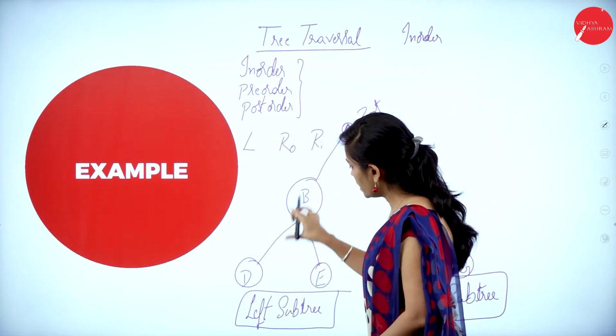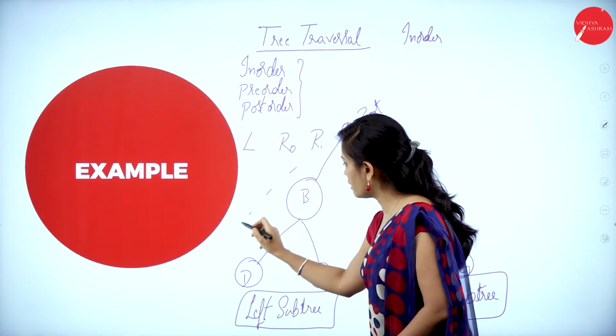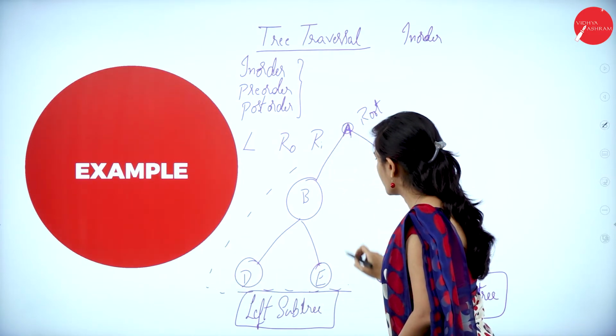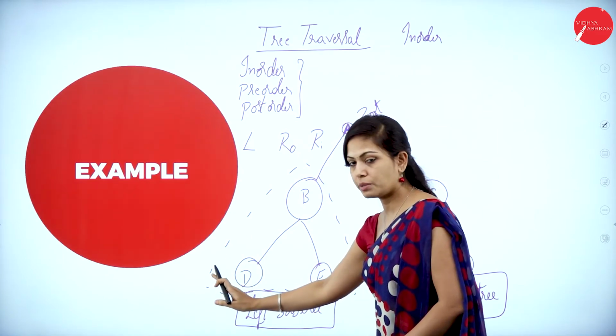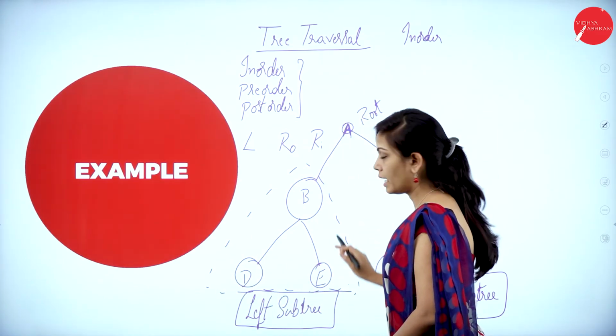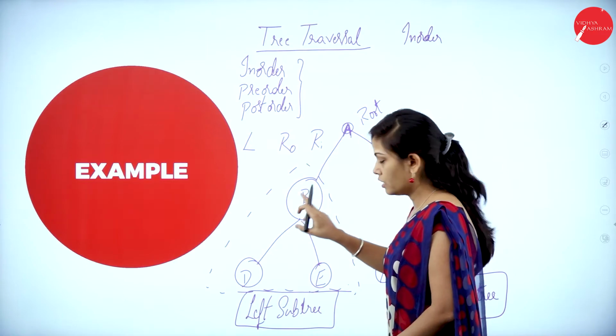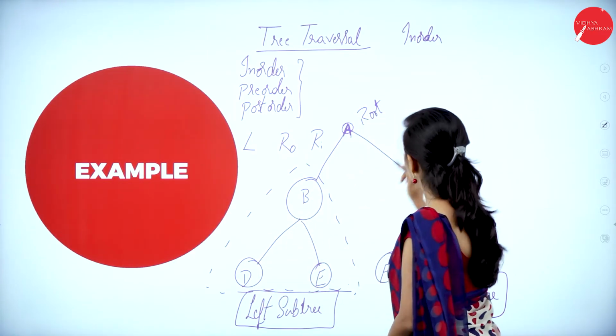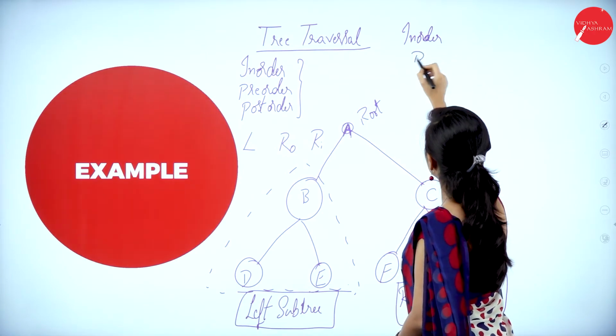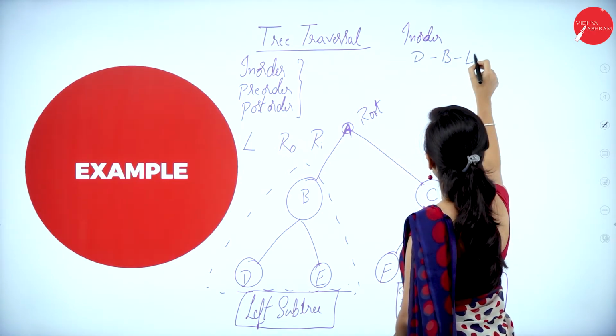If you are considering this left subtree only, first you have to write the left subtree. This is the left subtree, this is the right subtree, and this is the root. Is it right? So what is the result now? D, B, E. So in-order is D, B and E.